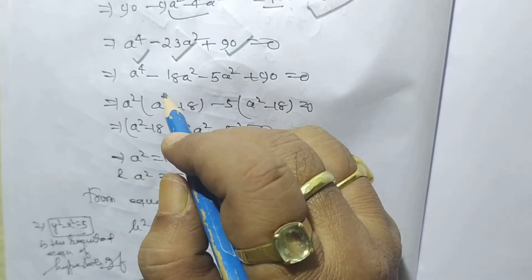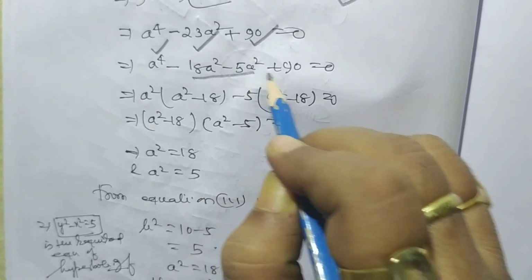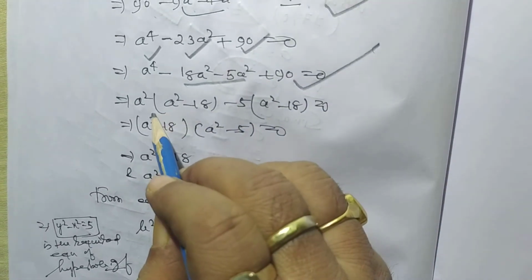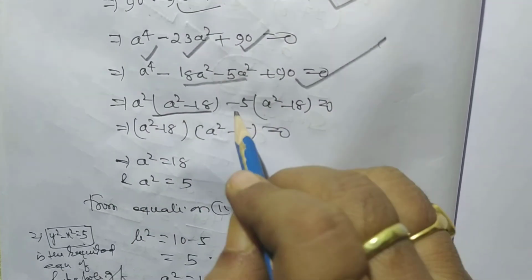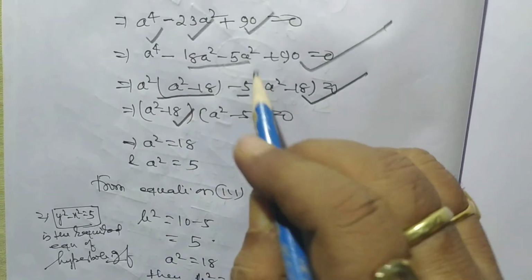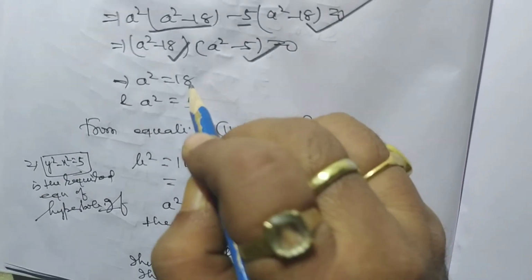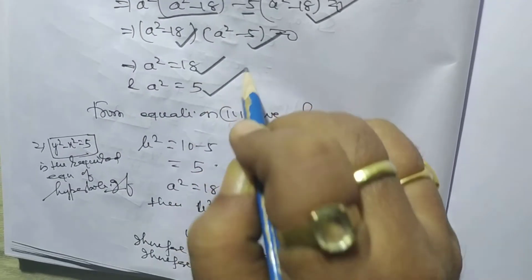By splitting the middle term, we have a to the power 4 minus 18a square minus 5a square plus 90 is equal to 0. Or a square, take common, a square minus 18, minus 5 common, a square minus 18 is equal to 0. A square minus 18 into a square minus 5 is equal to 0. So a square is equal to 18 or a square is equal to 5.